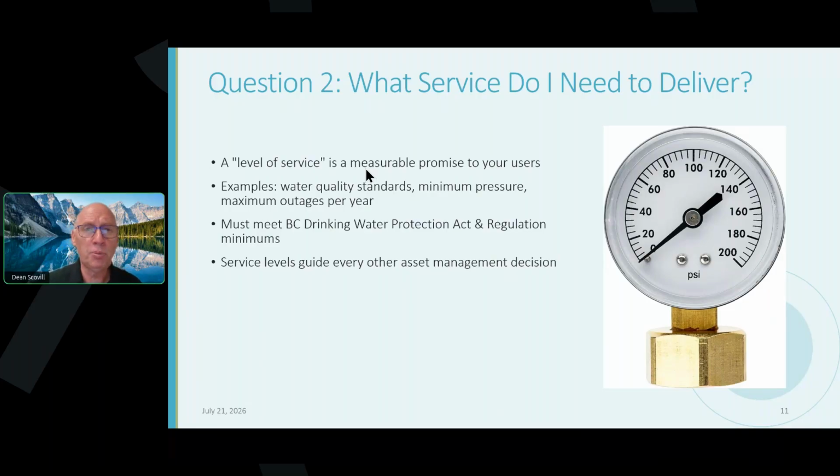Some people in the lower elevations tend to have higher pressure, and people in higher elevations tend to have lower pressure. It's just the way the system's set up. But I remember this one particular area on a middle to higher elevation, where people were complaining the water pressure was low. So they put in a new PRV, we call it a pressure reducing valve, and it was able to increase the pressure to that particular zone.